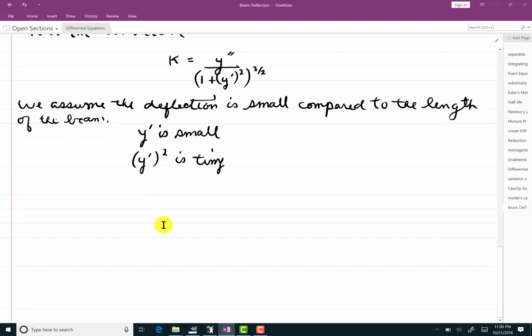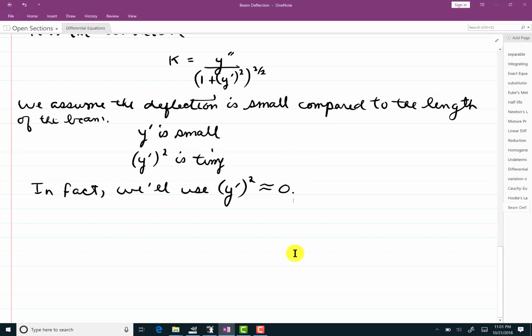In fact, we'll use y prime squared as basically equal to 0.